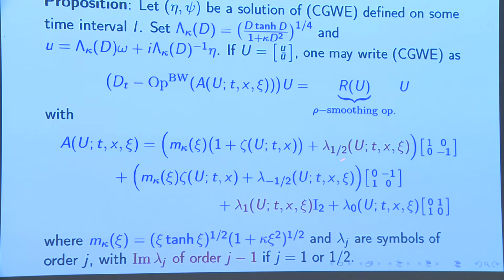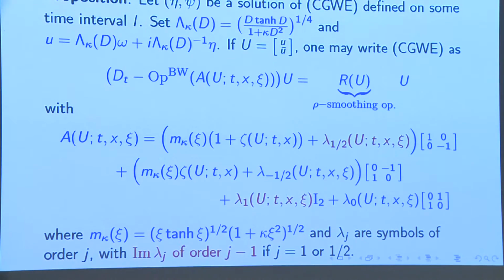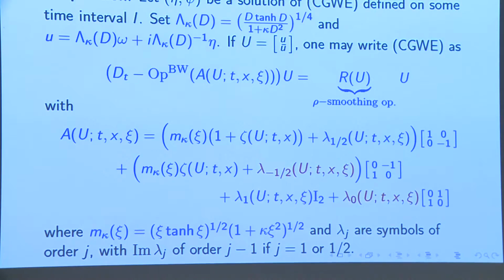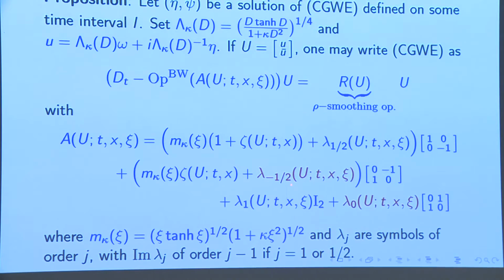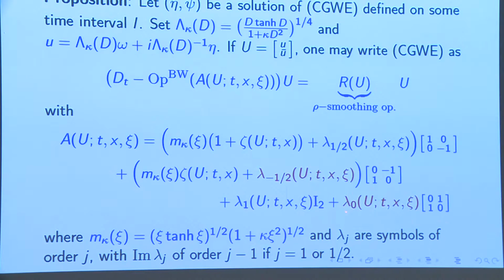These two symbols are of order 1/2 and 1 respectively, so they are of positive order, but it turns out that their imaginary part is of order minus 1, so of negative order, or at least non-positive order for lambda 1. And then you have contributions of non-positive order given by symbols lambda minus 1/2 of order minus 1/2, lambda 0 of order 0.